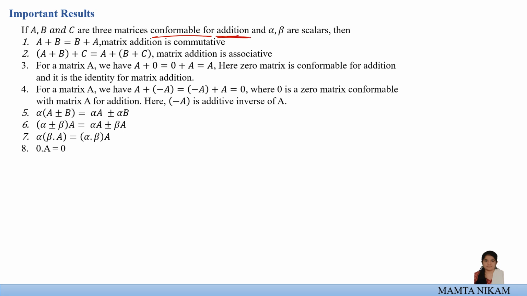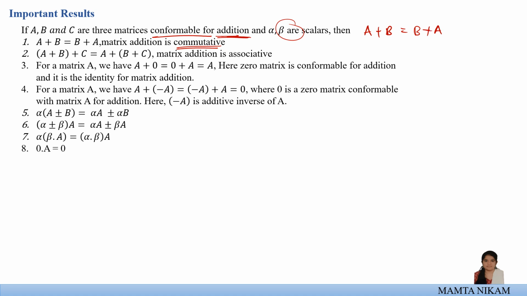So if A, B and C are three matrices conformable for addition and alpha, beta are some scalars, then we can say A plus B is equal to B plus A. Matrix addition is always commutative.